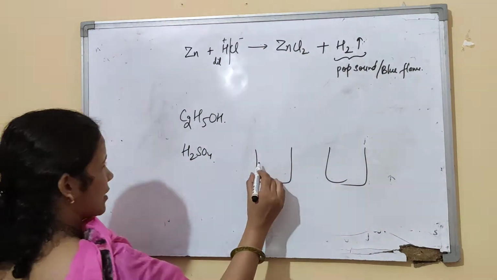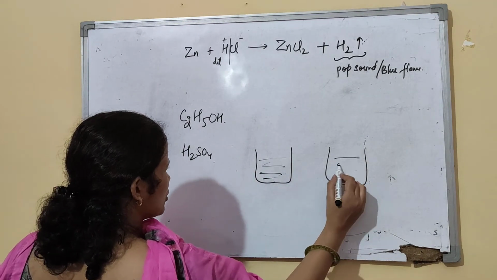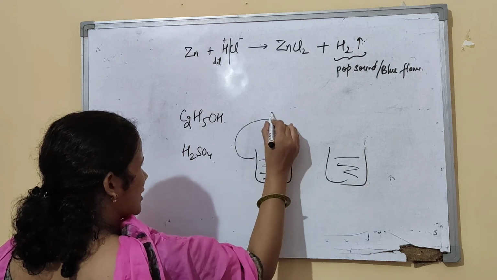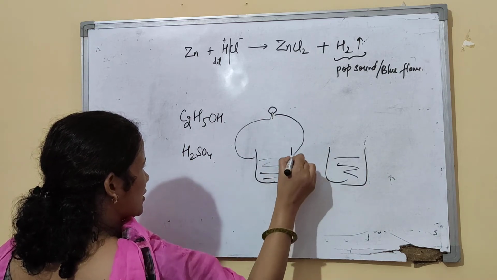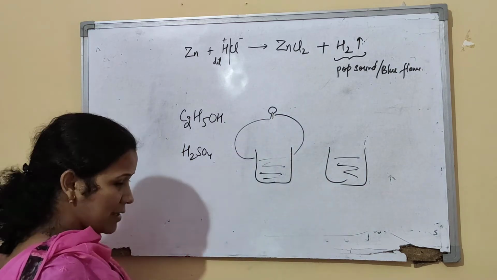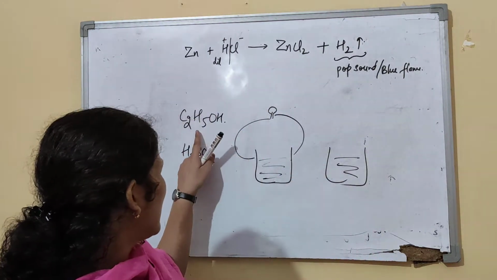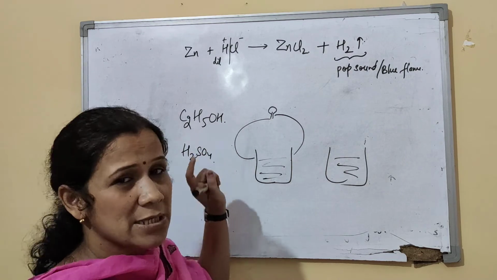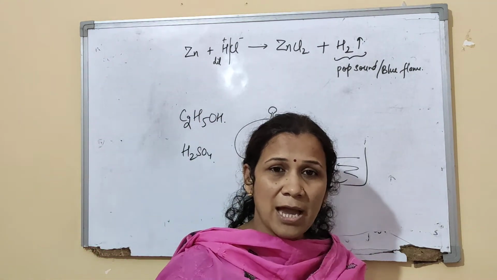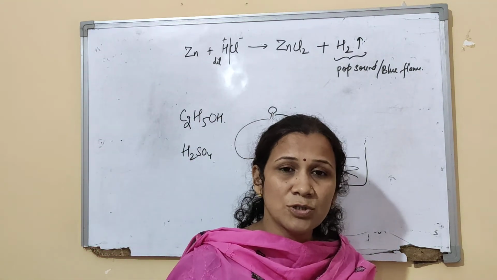And then make a dilute solution, and then you can connect a bulb just to check whether the ions are there or not. What you will find is that in the case of ethanol, although you can see hydrogen, this hydrogen is not getting converted to ion.